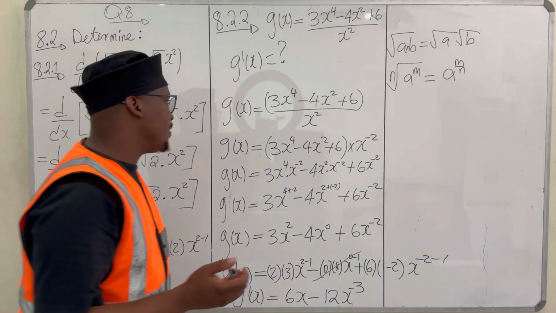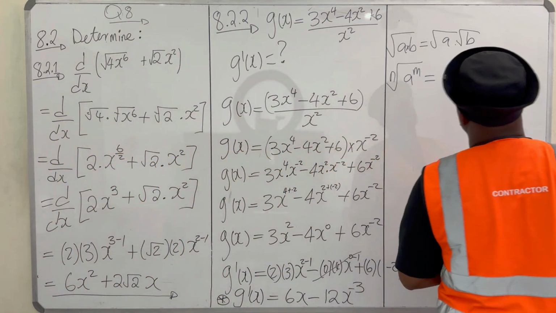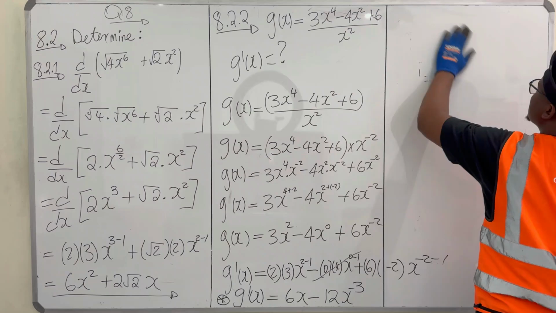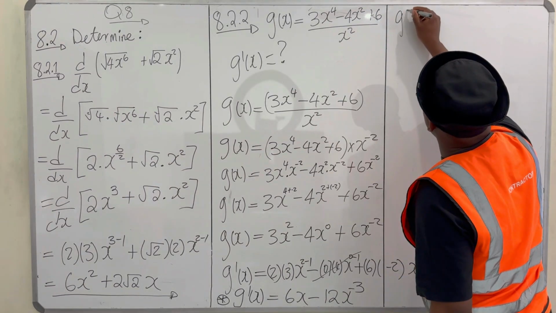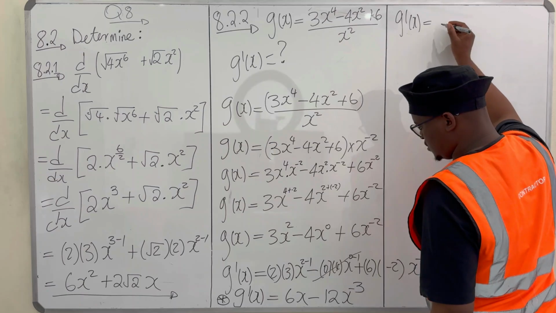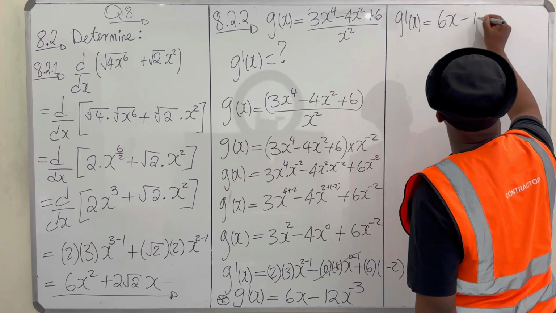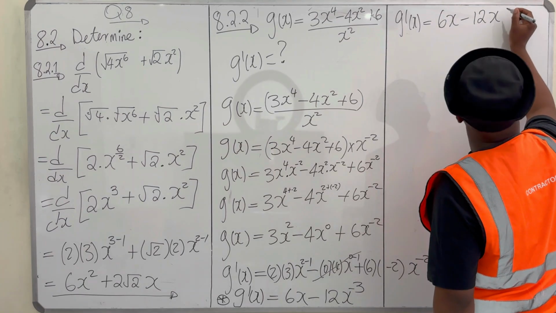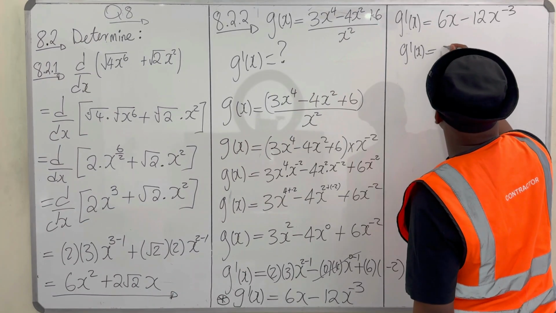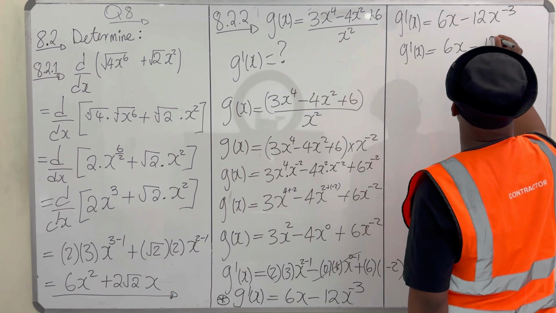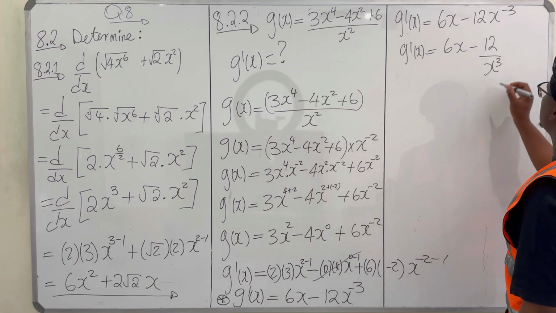But if you want to be extra, you can push it further. Let's try to be extra and see how that will go. So you have g prime of x to be equal to what? 6x minus 12, x raised minus 3. So your g prime of x is equal to 6x minus 12 over x cubed.